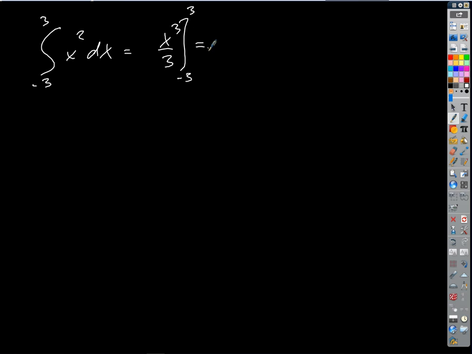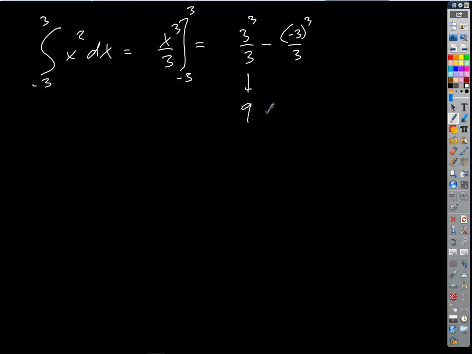Okay. All right. Sparhide, what's the? 3 cubed over 3. Okay, so that's going to give us 3 cubed over 3 minus -3 cubed over 3. And if we do the math, what's 3 cubed over 3? 9. Same thing as 3 squared, right?